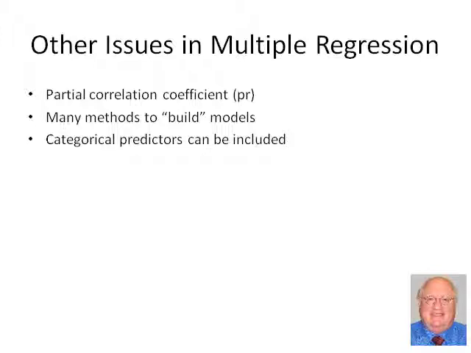Another important issue in multiple regression is how a model is built, or how the equation is computed. There are many ways to add predictors into a model that range from adding them in all at once or adding them in a sequence in stages.